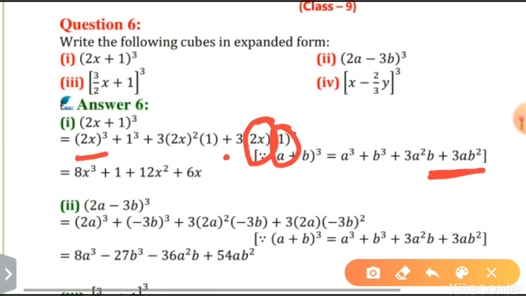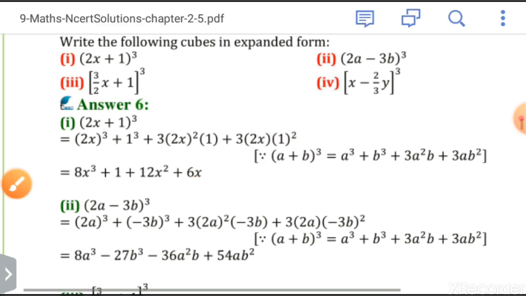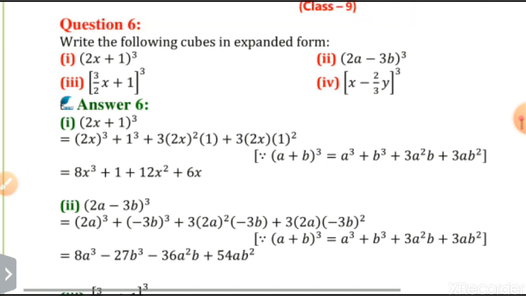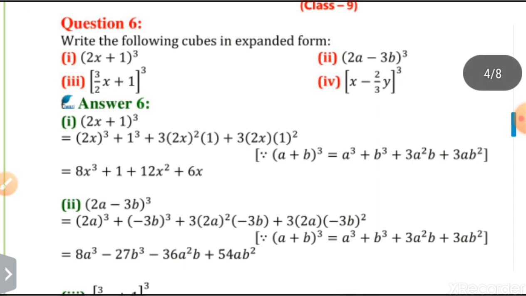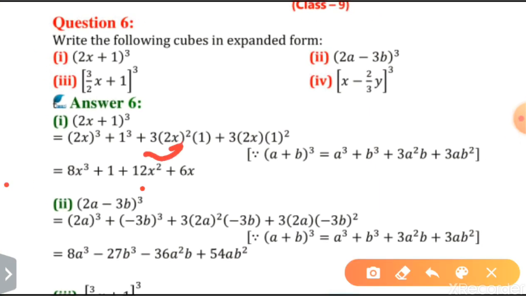So you can write it, it is the expanded form. So you can just solve it and you will find 2 times 4 times 8, that means 8x cube plus 1 cube, 2 times 4 is 8, 4 times 3 is 12, and the 12x square will be the answer, and 3 times 2 is 6, so 6x will be the answer.